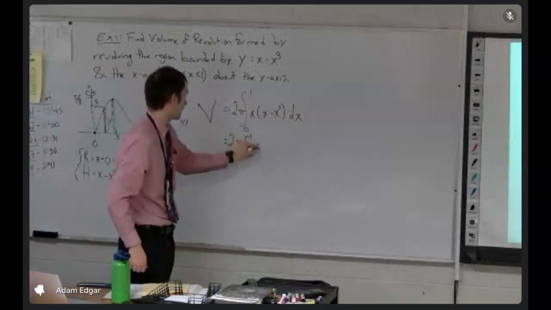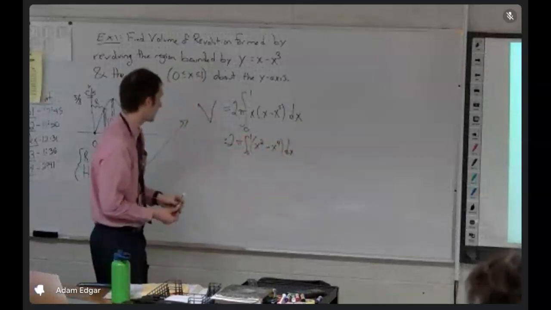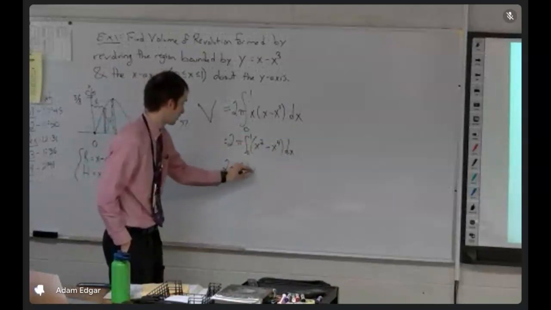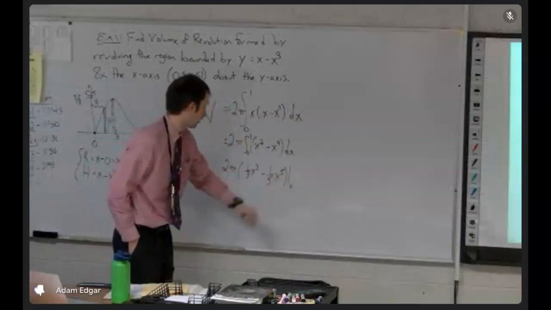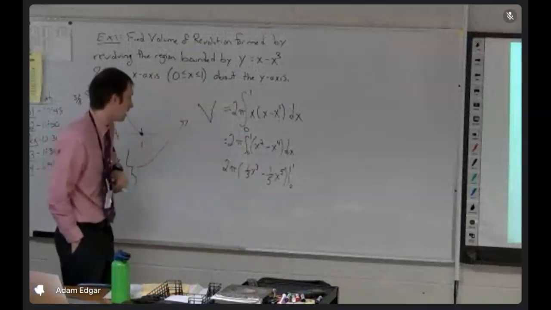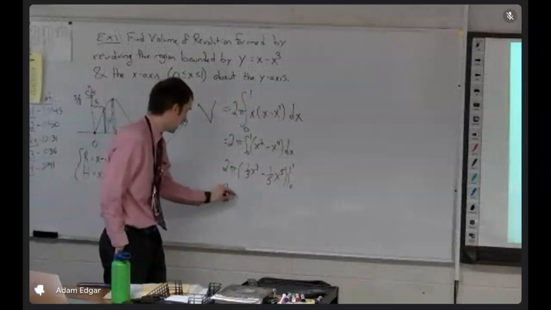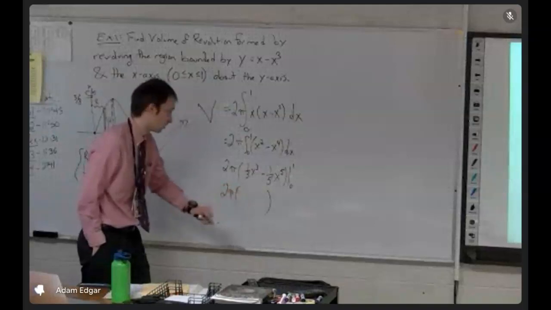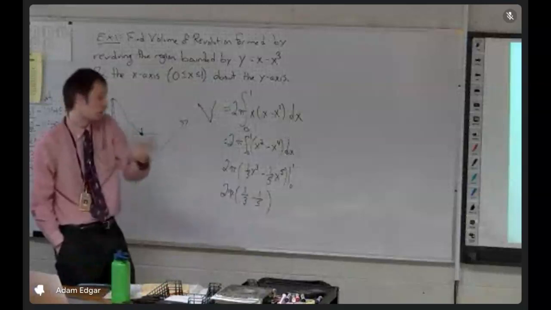You say this is x cubed minus x to the fourth dx. What do you get when you integrate? All right, 1/3 x cubed minus 1/5 x to the fifth. You plug in 1, you plug in 0, and we get 2 pi times what? 1/3 minus 1/5, which I think somebody has already said is 2/15.